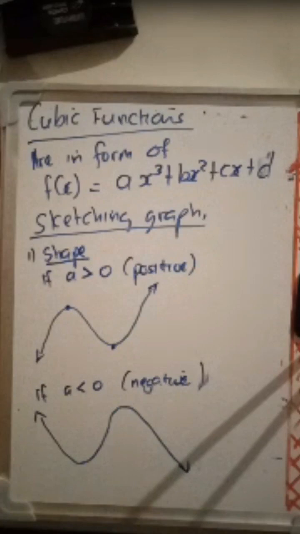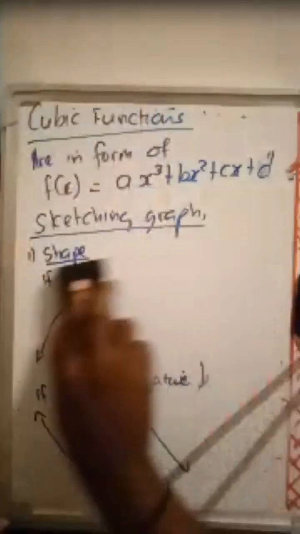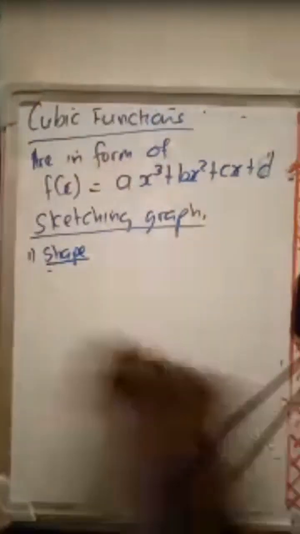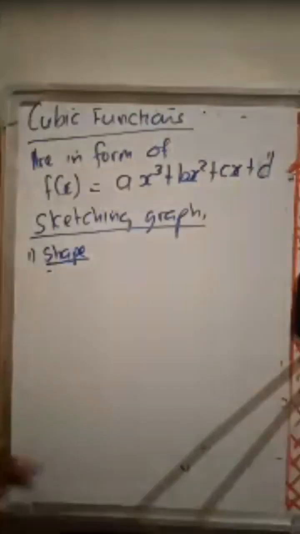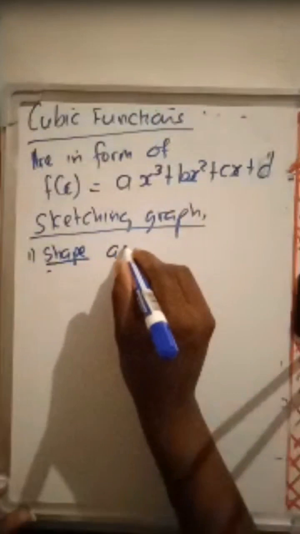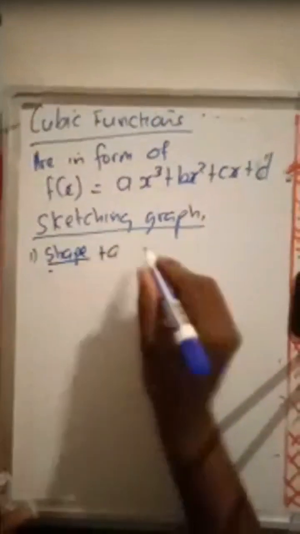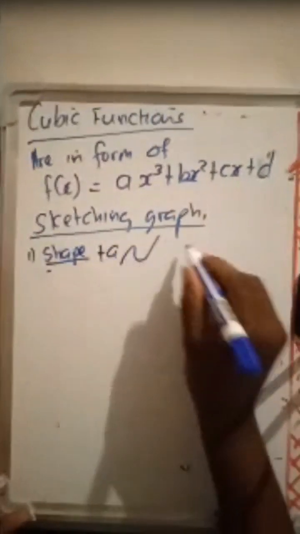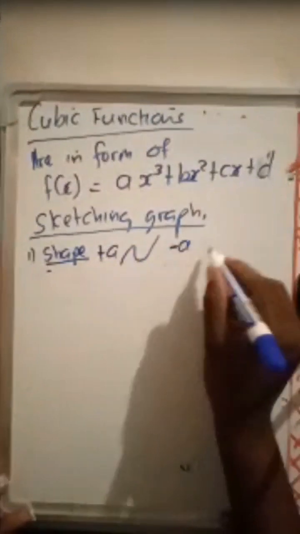So the shape of the graph is determined by a. Let me just write it there. a positive, then it's like so. Then a negative is like so.